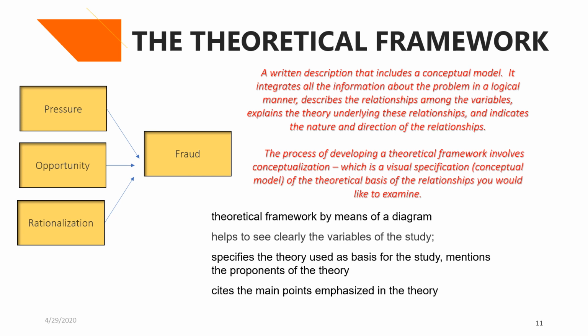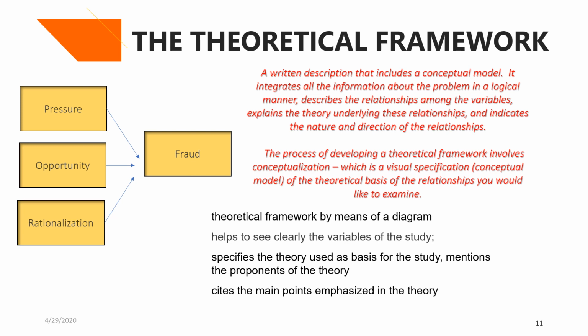From that theory, we draw a theoretical framework by means of a diagram. On your left hand side, you can see the diagram having three independent variables: pressure, opportunity, and rationalization. We extract them from the theory just now.